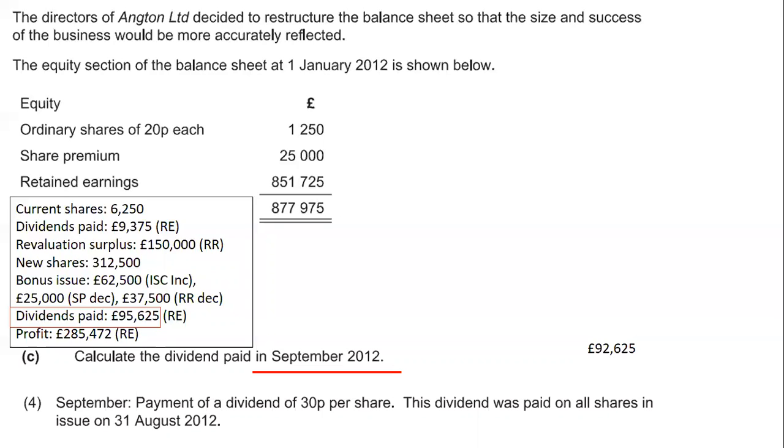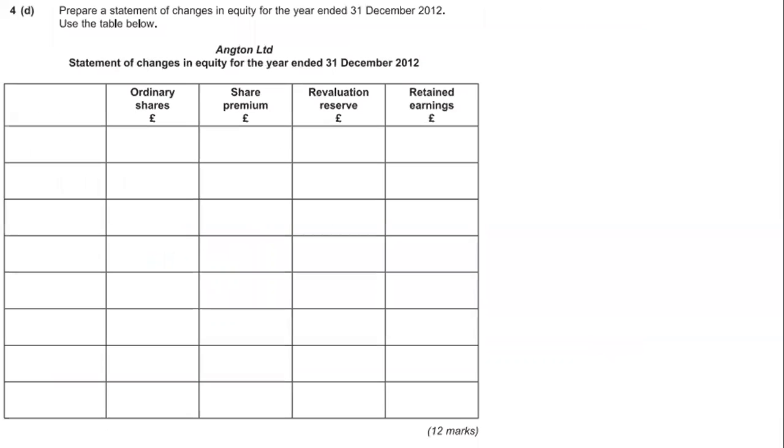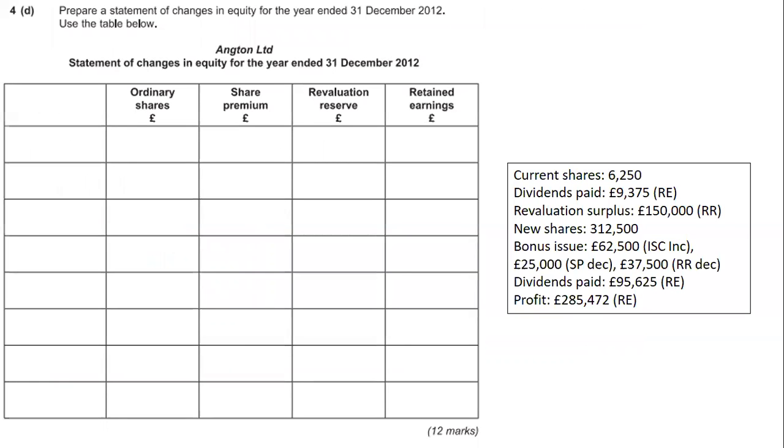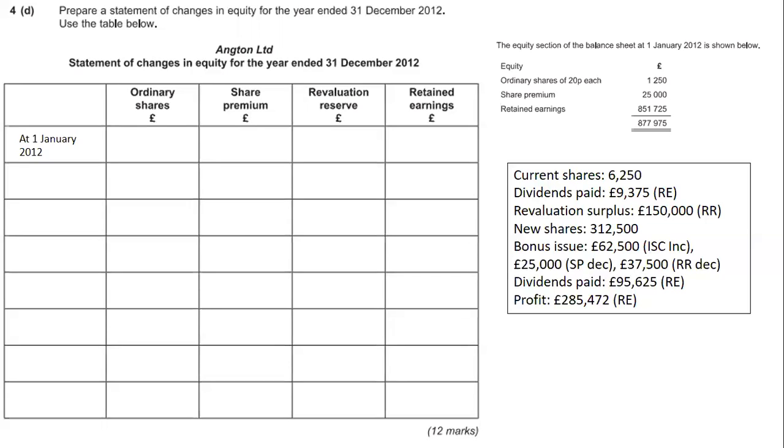We've done all the hard work already. And then part D, worth 12 marks, was make a statement of change in equity, so saucy. So this is when we just need our numbers in the box and we can fill it in and get 12 easy marks. So we start off with the balances at the 1st of January 2012, that's the beginning of the year. So to get those balances, we look back at the question and do a list for us.